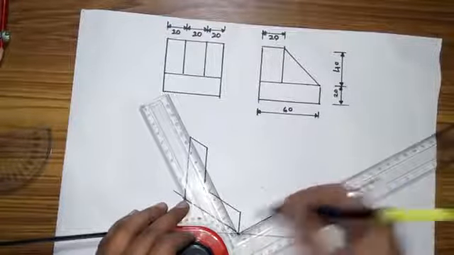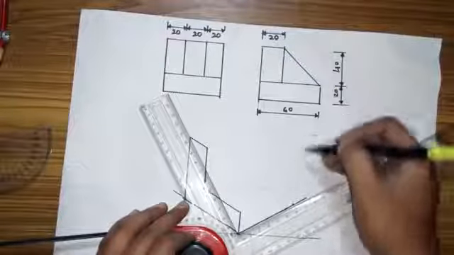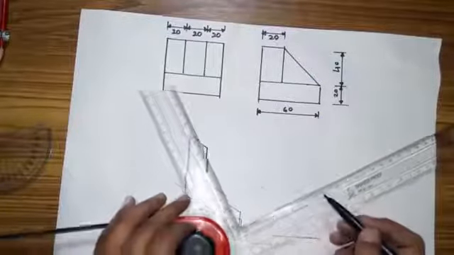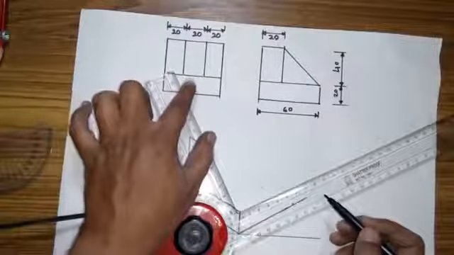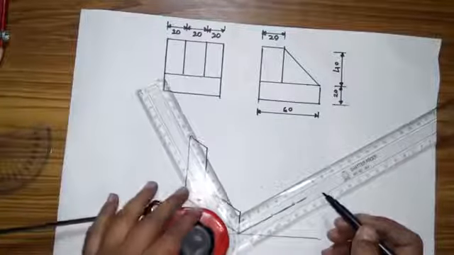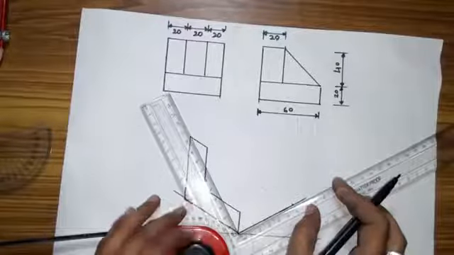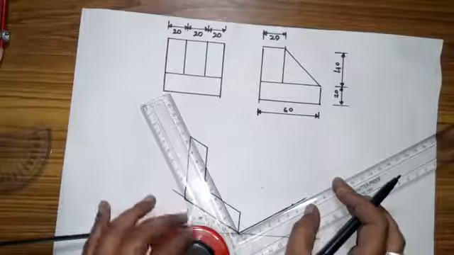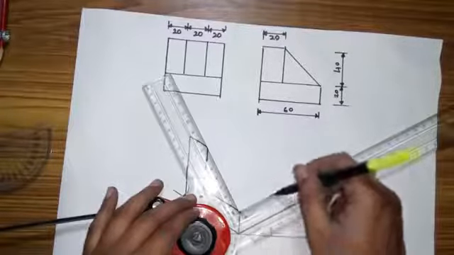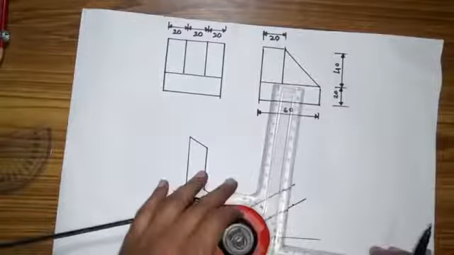From here to here you have the same 60 mm, but here you have to draw from the front view. You see this square, so draw it parallel to this line. Set your drafter with this line and draw the same 60 mm line.